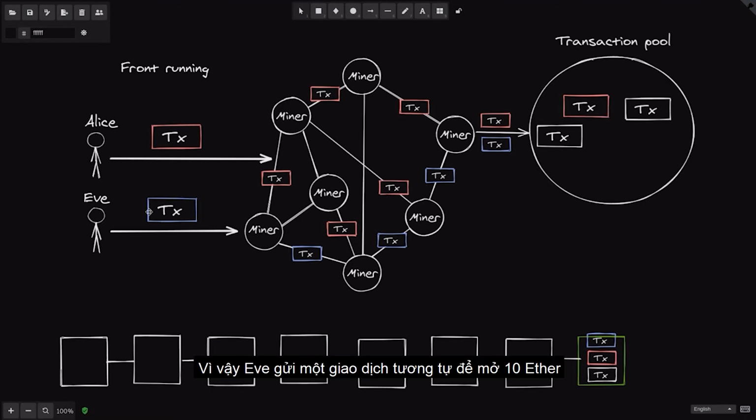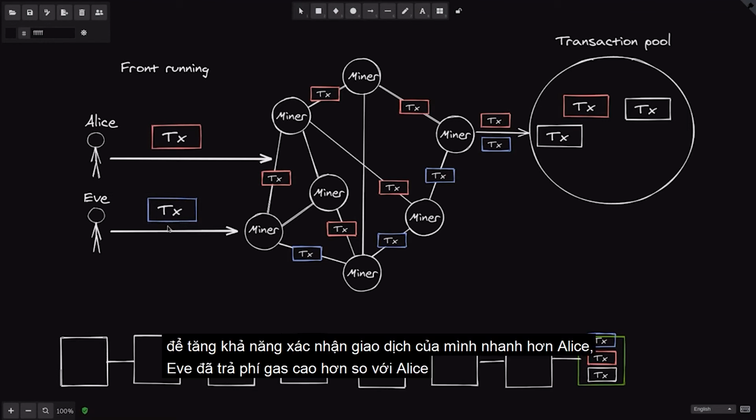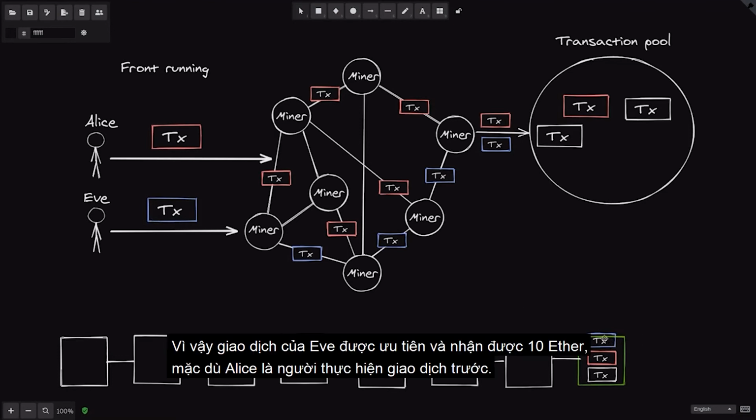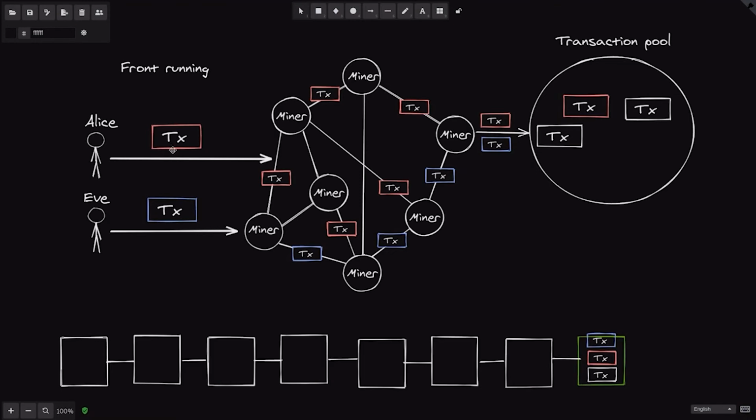So Eve will send a similar transaction to unlock that 10 ether, and to increase her chance that her transaction will be mined before Alice's, she'll set a higher gas price than Alice. And as a result, Eve's transaction will be mined before Alice's. Eve gets to claim that 10 ether, even though Alice found the secret and she was the first one to send the transaction. And that is how front running works.